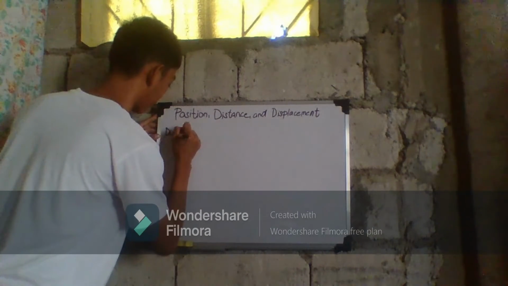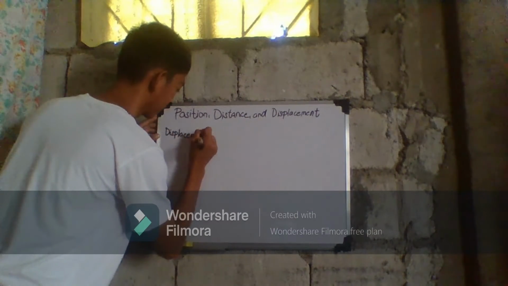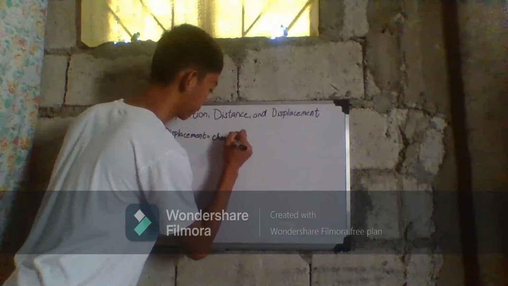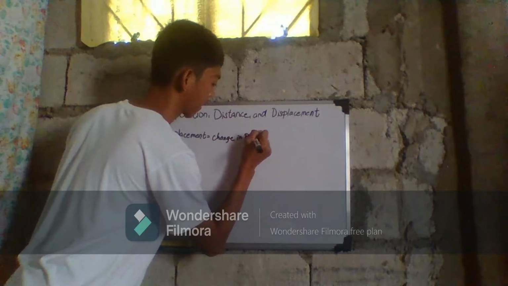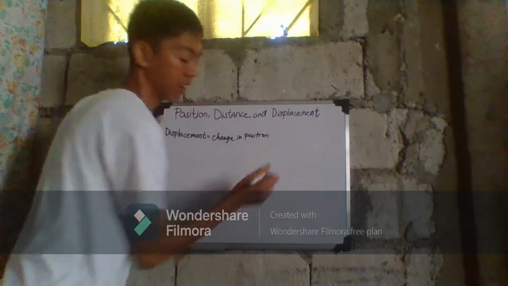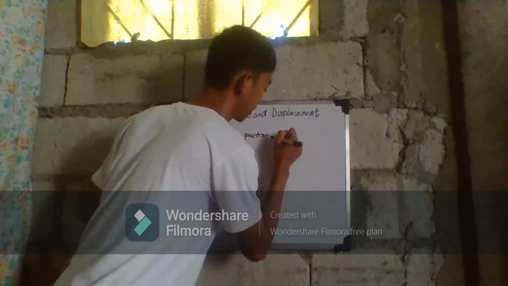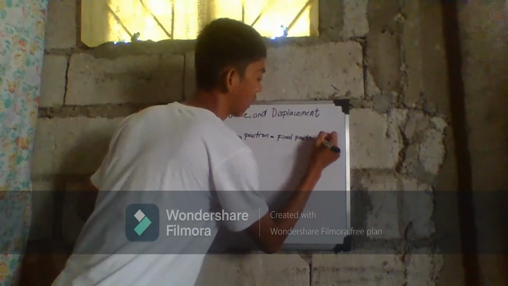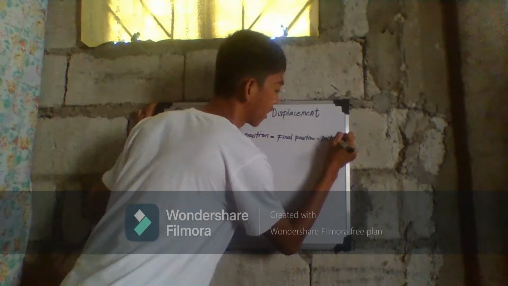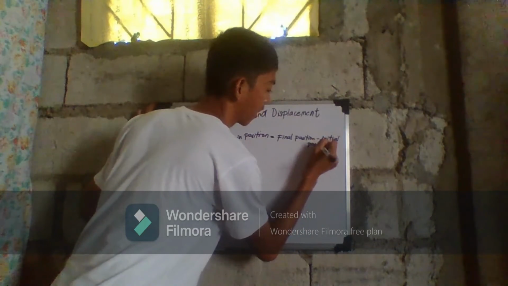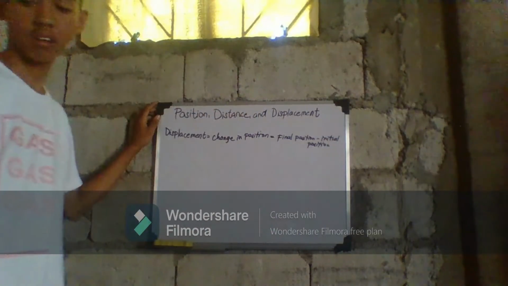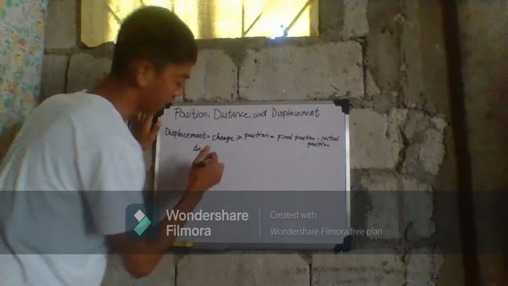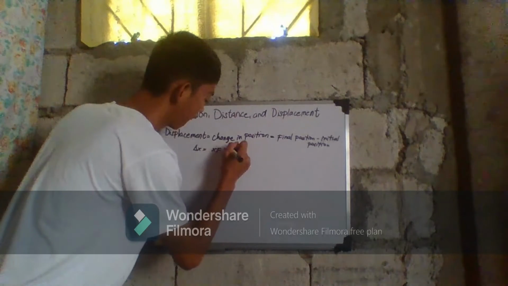Displacement is equal to the change in position, equals the final position minus the initial position. So, change of x equals x final minus x initial.